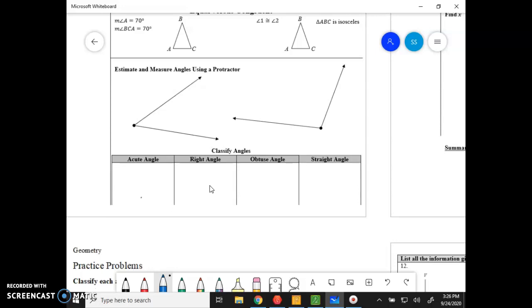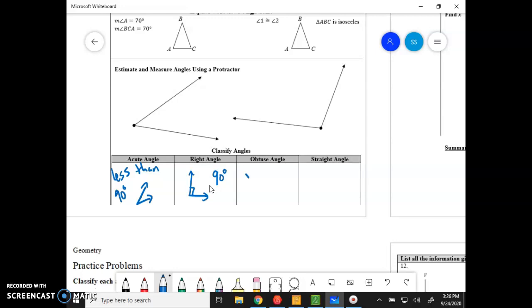We've got an acute angle. Let's draw a picture here. An acute angle is going to be less than 90 degrees. All right. A right angle, let's make sure it's a good right angle. A right angle is going to be 90 degrees, and it's going to be denoted by this little box in the corner.